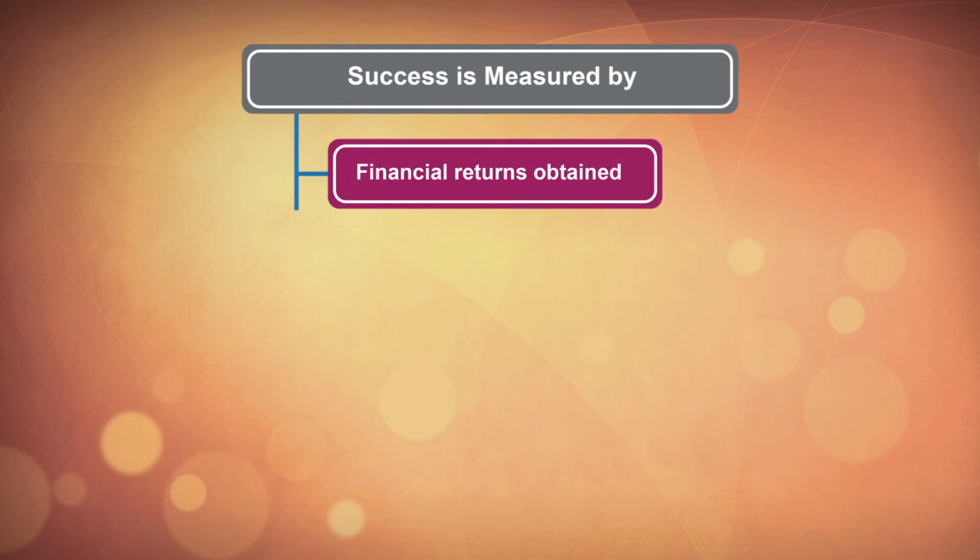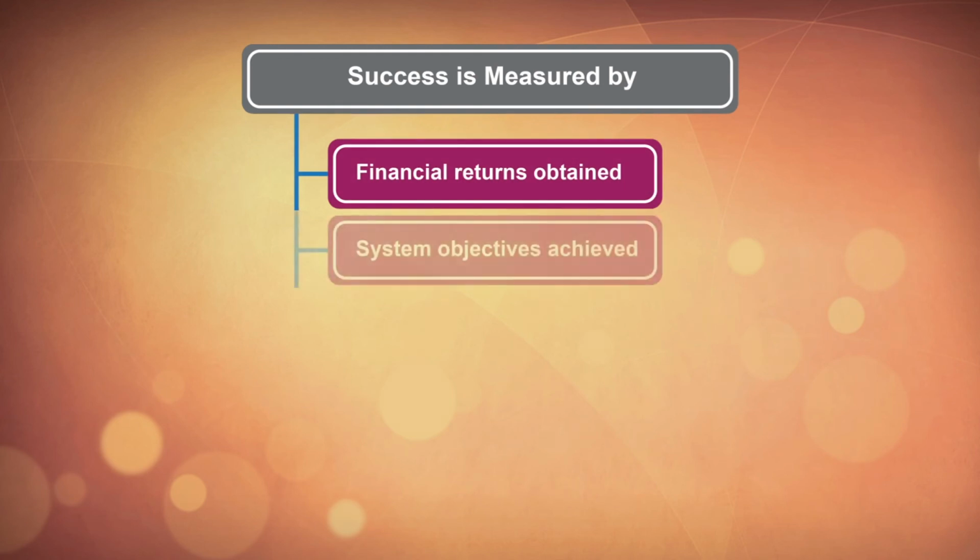Let's focus on how successful an information system is. That is very, very interesting to the managers or top management. To objectively evaluate the success or failure of an information system, you have to interview and survey the users. Success is measured by, firstly, financial return obtained.